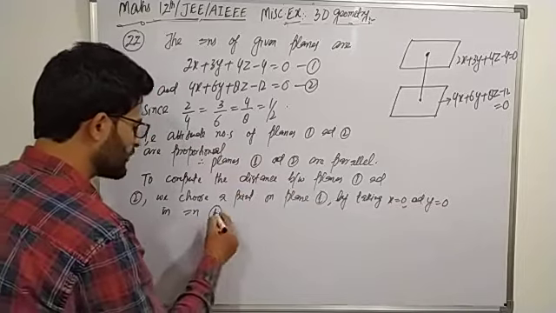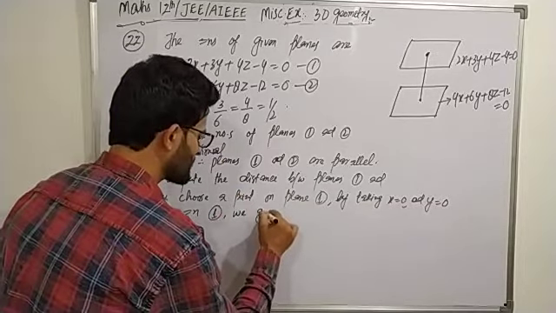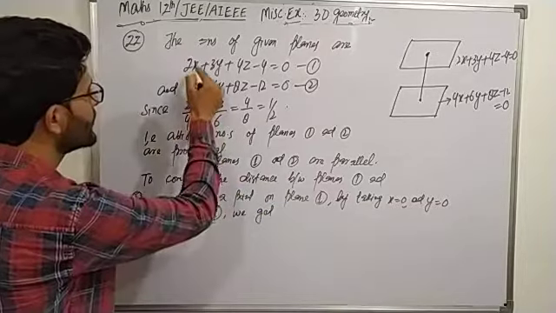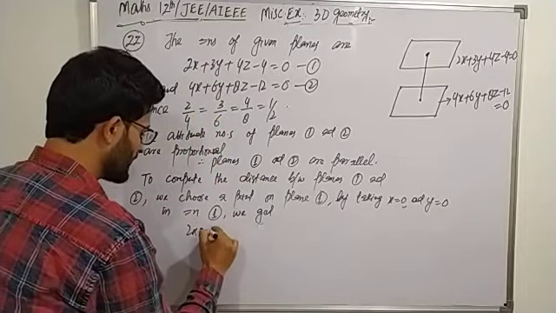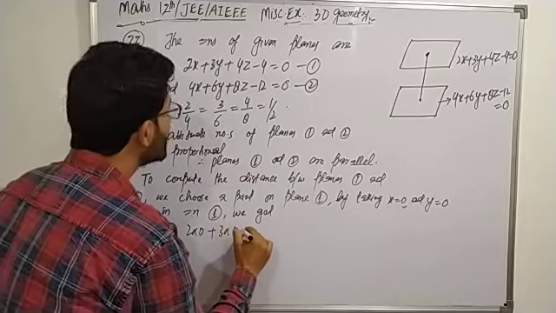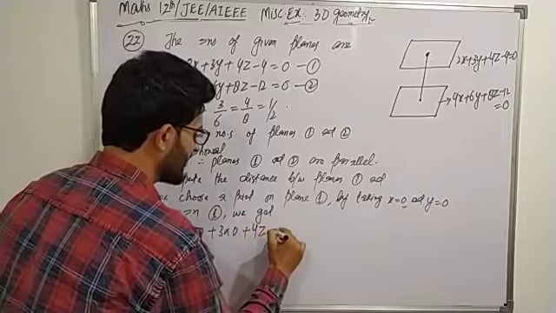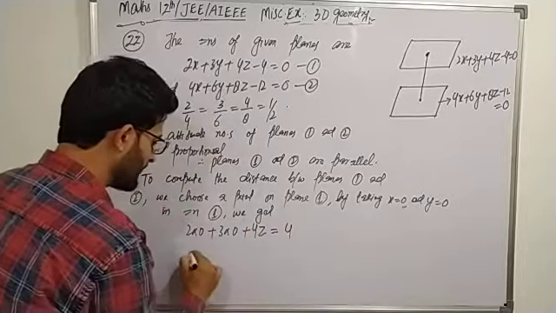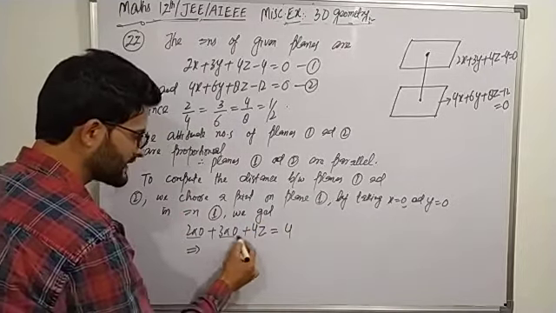So in equation first we get, 2 into 0 plus 3 into 0 plus 4z is equal to 4. So implies 0 plus 0 plus 4z.